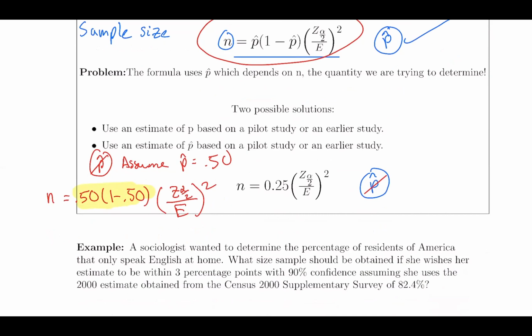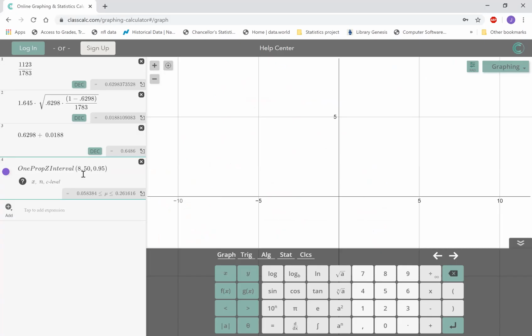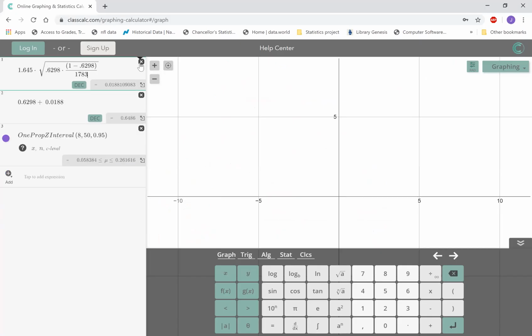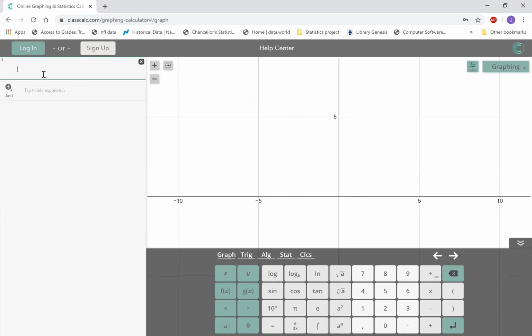I'm gonna go ahead and transfer over to ClassCalc right now. So we'll say 0.50, and we multiply this by 1 minus 0.50. Press enter. If you look at that, you get 0.25.